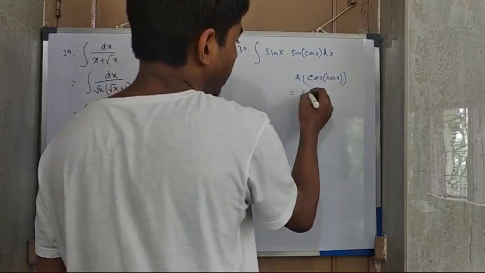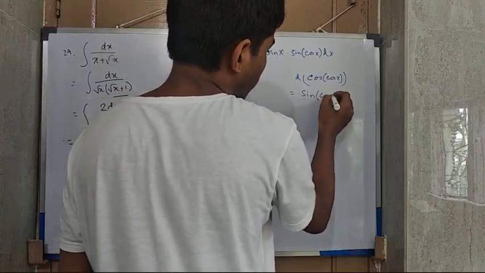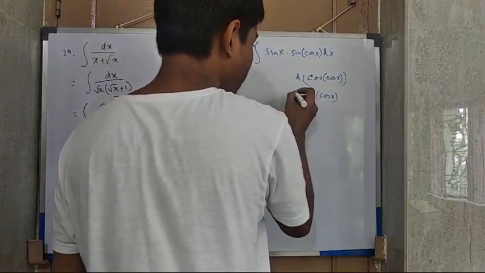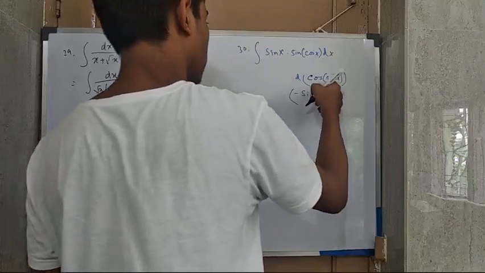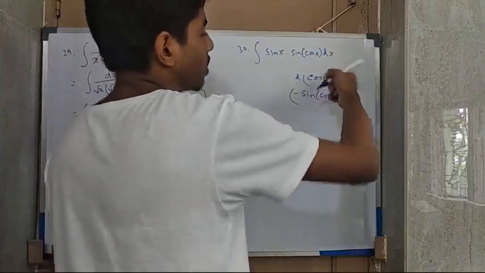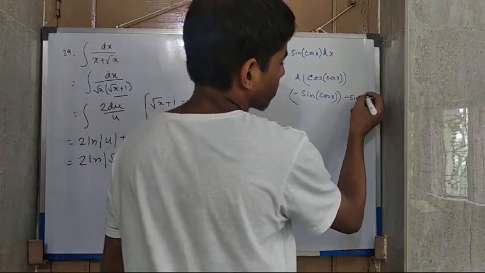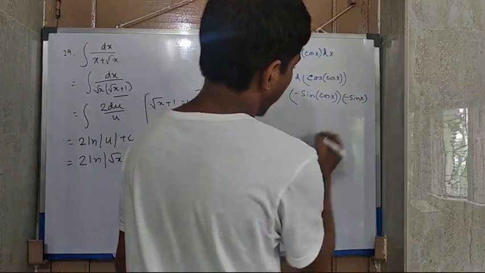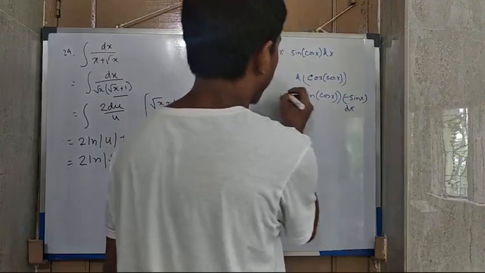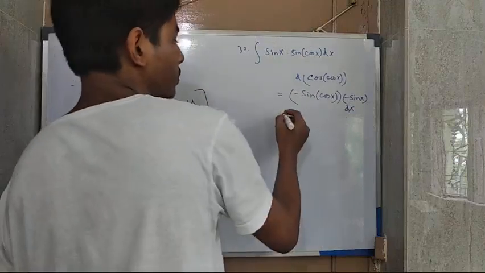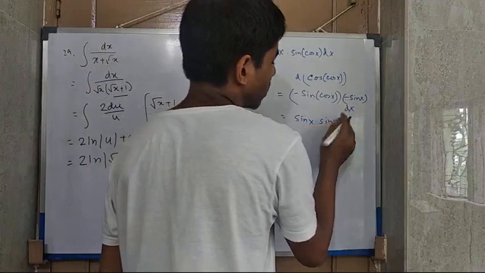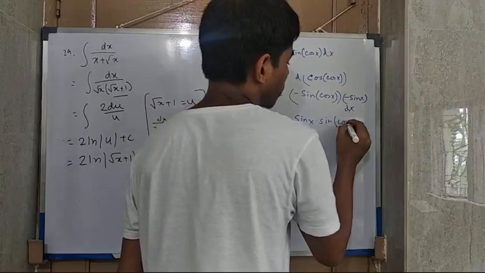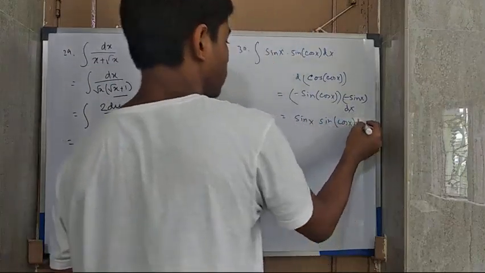This will give minus sin of cos x times the differential of the interior, which is minus sin x dx. So this becomes sin x times sin of cos x dx.